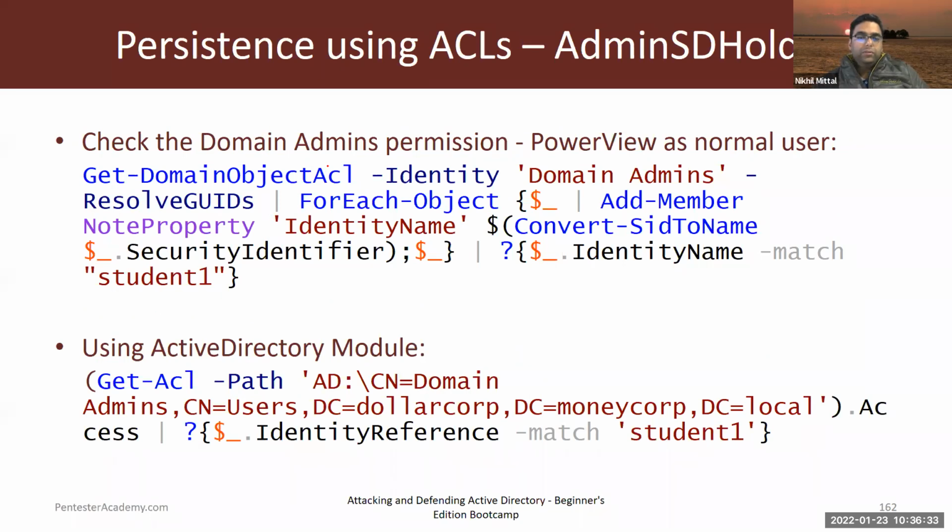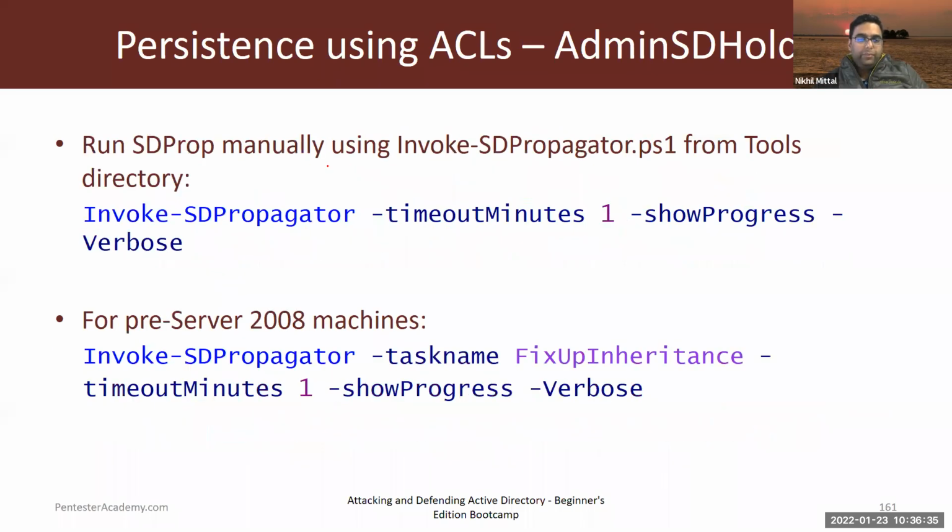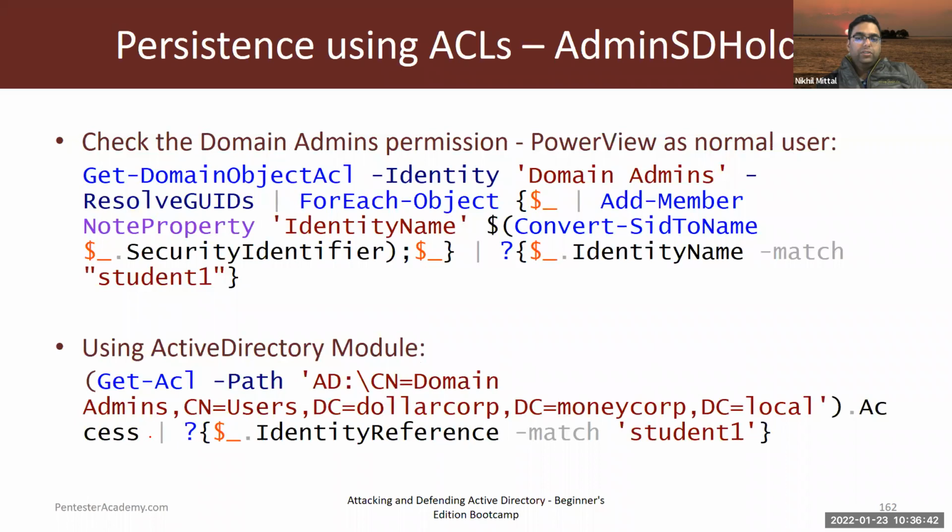Now, once we have added the permissions and ran the propagator or waited for an hour, we can use these commands to check, let's say, if the permissions have been added to the Domain Admins group. What is the command doing? It lists all the ACEs, the ACL for the Domain Admins group.